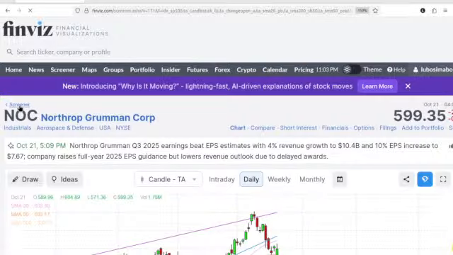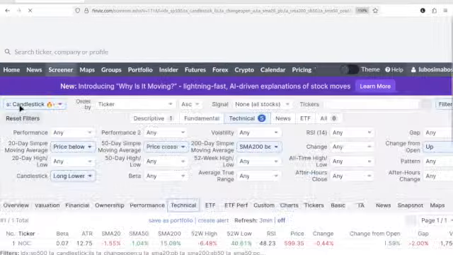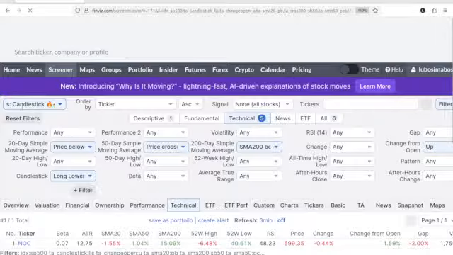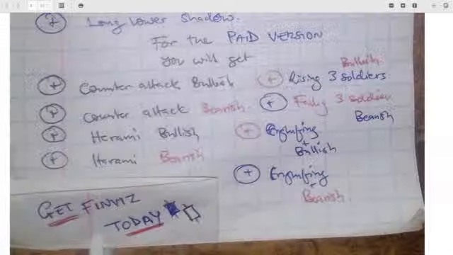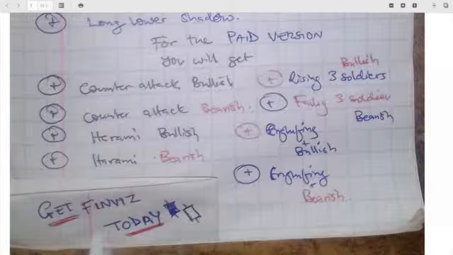So remember, we're using the free ones, right? That's what we're using. Okay, so in order to get more candlestick patterns, as you can see on the screen, check these out.